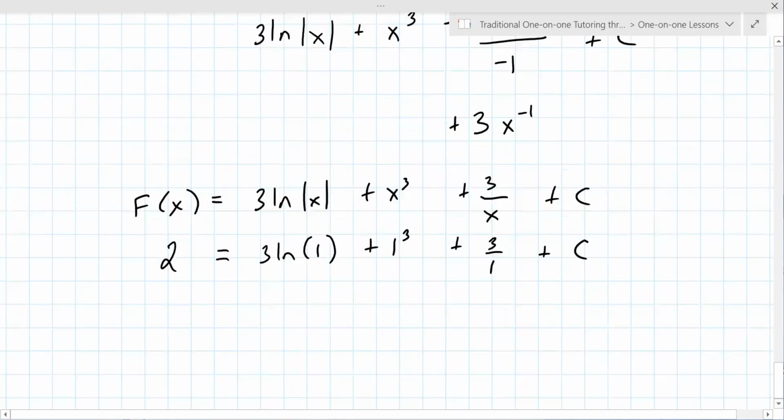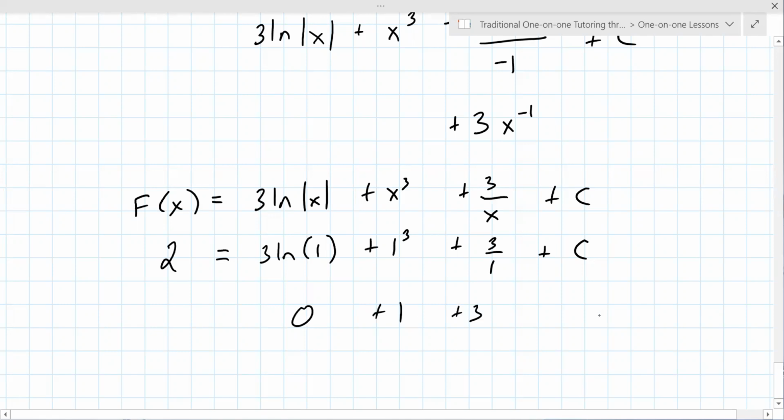Yes. So then that whole thing is 0 plus 1 cubed, which is 1, plus 3 over 1, which is just 3, plus c. So 3 plus 1, 4 plus c equals 2. Minus 4, I get -2 for c, and I plug it back in.